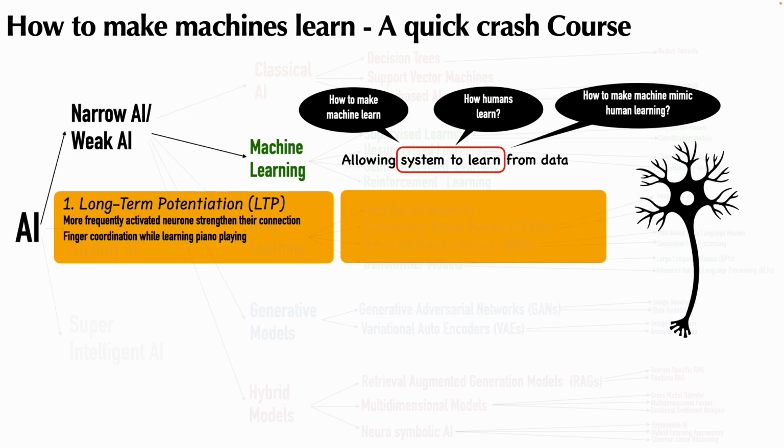The second part is, as you are learning, you are creating new neurons, and not only that, you are establishing connections between the new neurons and the old neurons. This especially happens when you are learning a new language or a new skill. If you already know English and you are trying to learn Hindi or any other language, you are creating a new set of neurons.